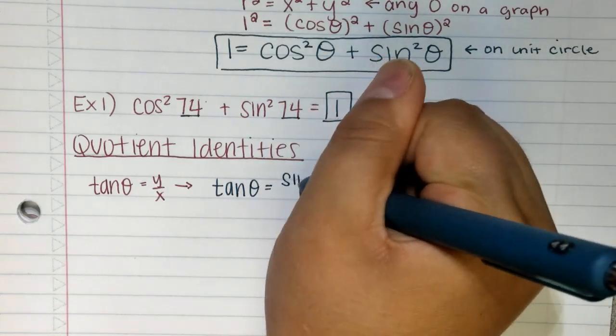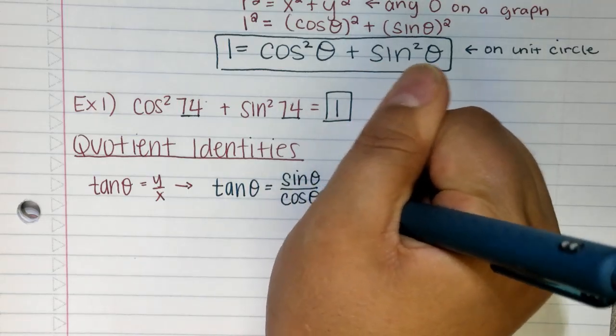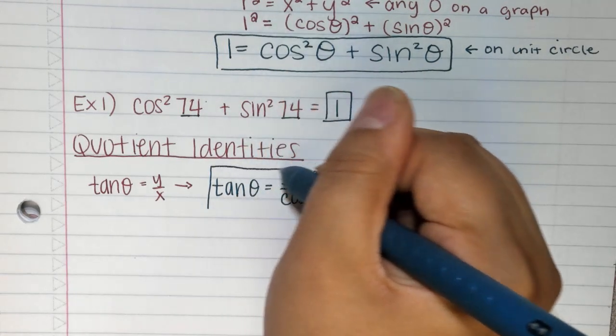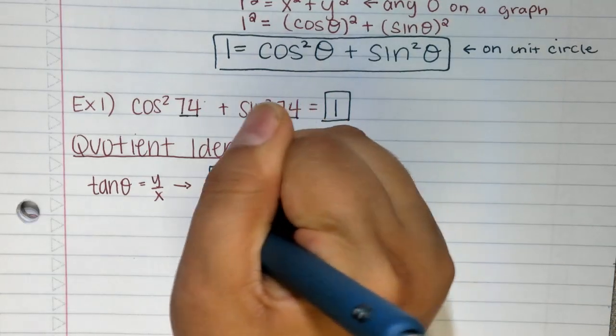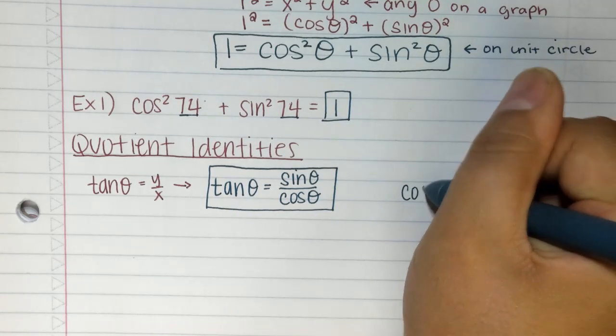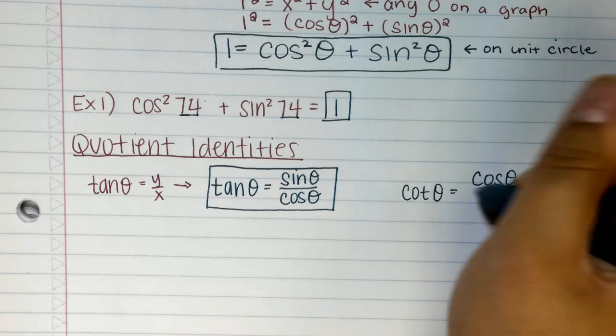So what is the tangent of theta equivalent to? Sine over cosine. And that is one of our quotient identities. Because of that, what do we know about cotangent? It is cosine theta over sine theta.